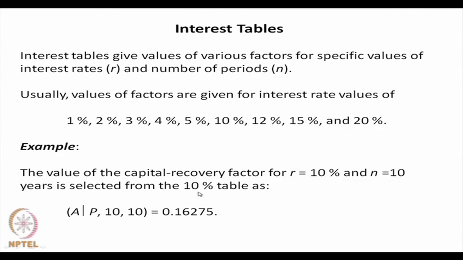We have to go to the 10% interest table, look for the row n equal to 10 and the column capital recovery, meaning P is given and we have to find A given P, and the entry would be the value, which in this case is 0.16275. So, if you have a calculator, you can use it, otherwise you can use an interest table.